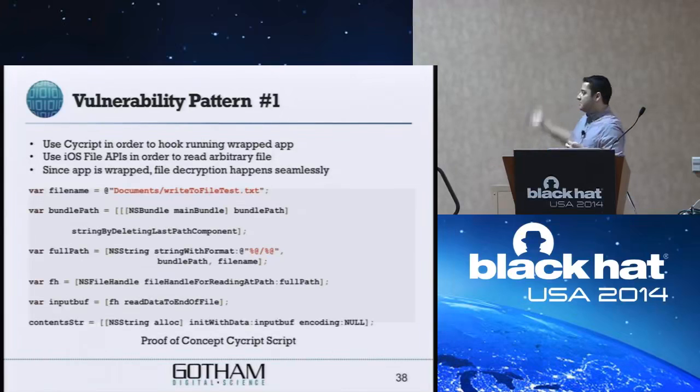I used Cycript for this on iOS. If you want to learn more about it, you can look at the 20,000 presentations that talk about it. It's really simple, a weird mixture of JavaScript and Objective-C. I wrote a simple script that just tries to read that file using the NSFileHandle object, and hopefully that gets wrapped, right?